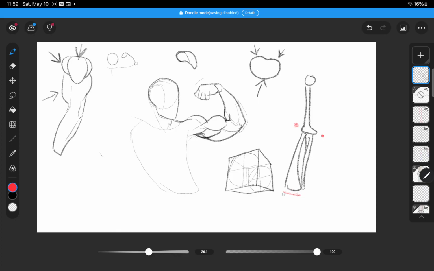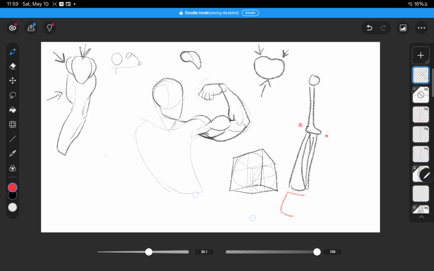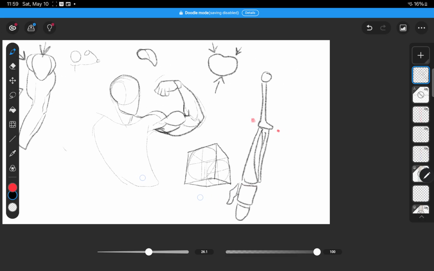So let me just draw a hand here just to make it easier to understand. Right. Yes. However, this side right here, the outside, is not only higher, but it's also more forward.